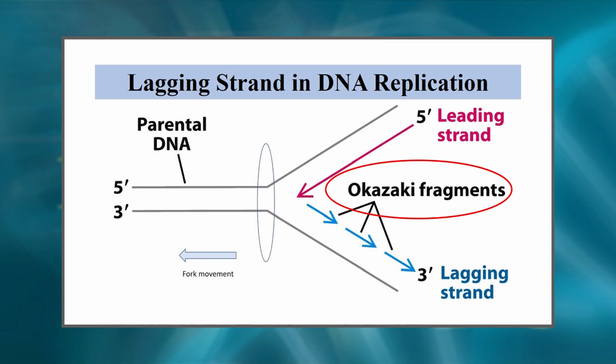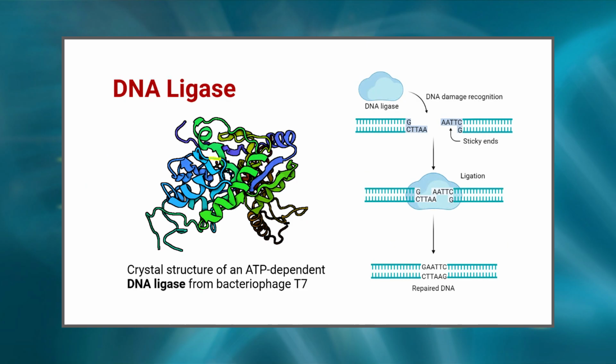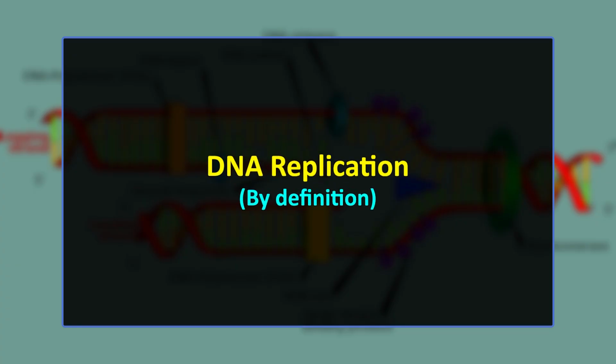The leading strand can be extended from one primer alone, whereas the lagging strand needs a new primer for each of the short Okazaki fragments. In addition to DNA polymerases, the replication of DNA requires other enzymes including DNA primase, DNA helicase, DNA ligase, and topoisomerase. Dear students, let's now discuss the DNA replication in detail.